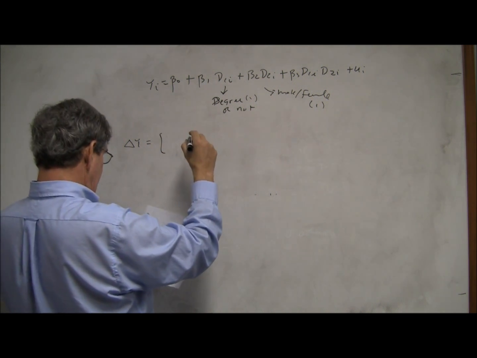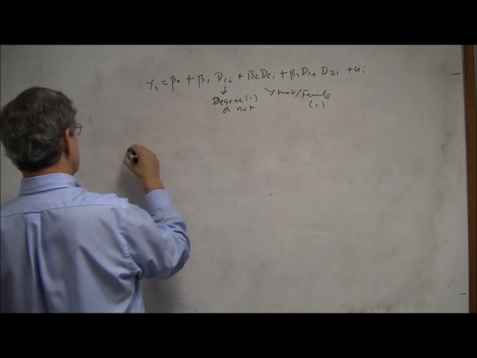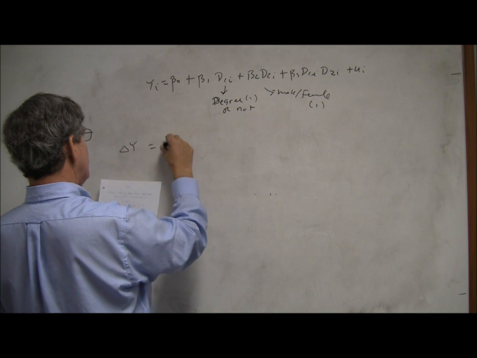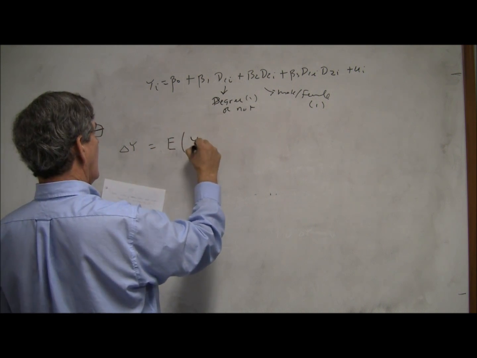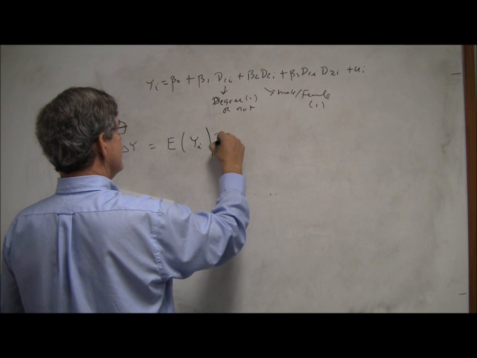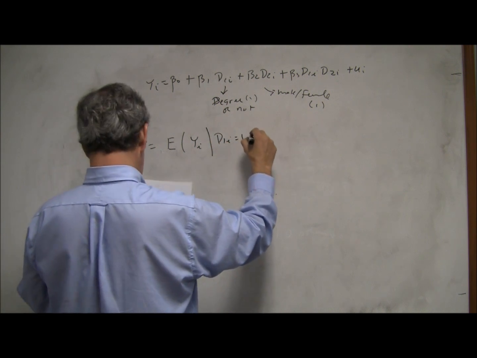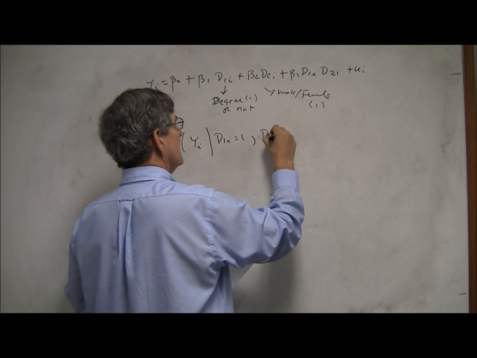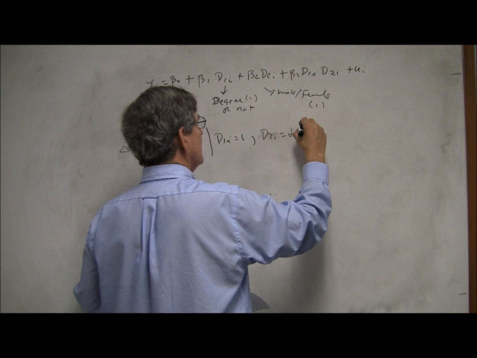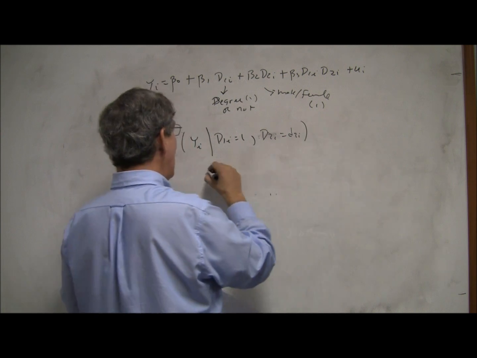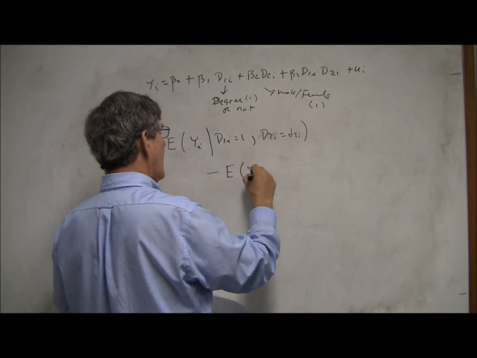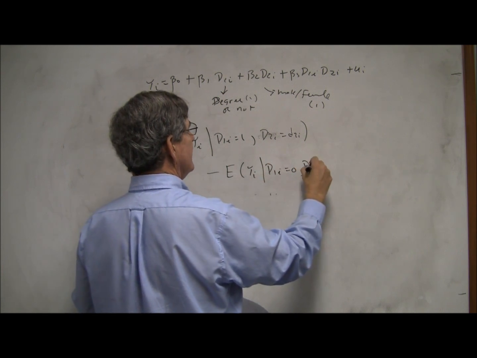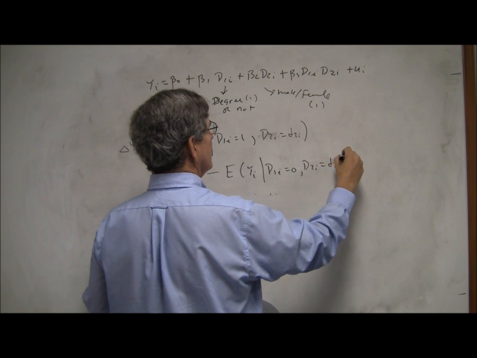So what I want is the change in y to be the expected value of yi given d1i equals 1 and d2i equals some value, minus the expected value of yi given d1i equals 0 and d2i is some value, 0 or 1.